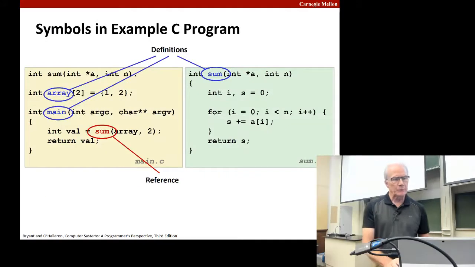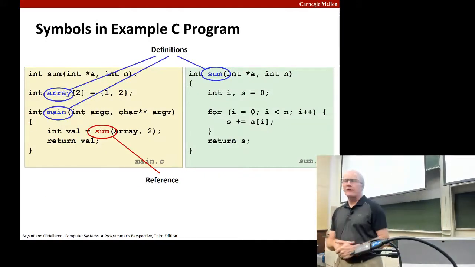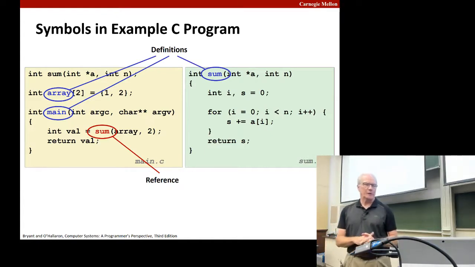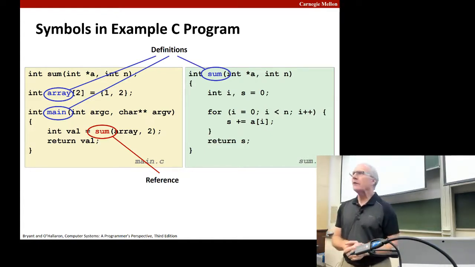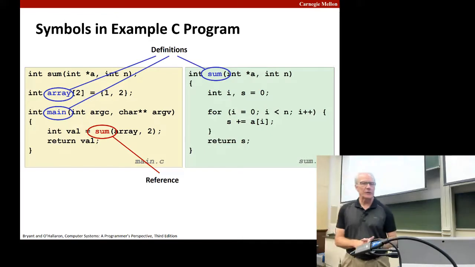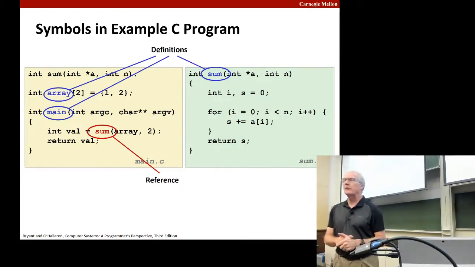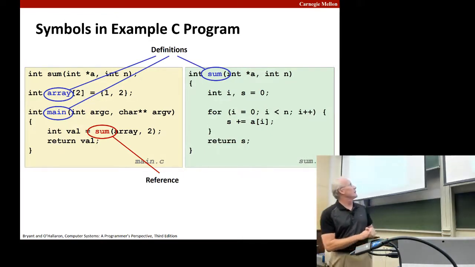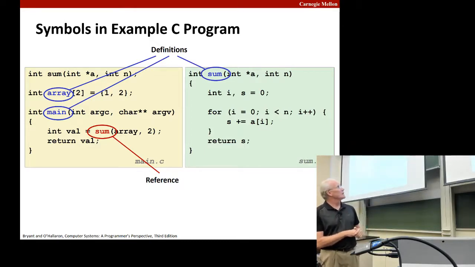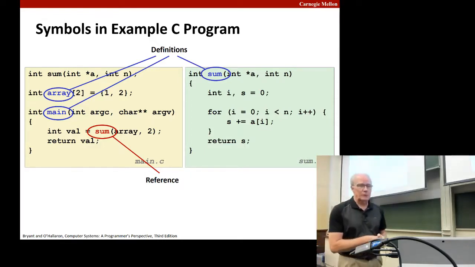So we can see this with our real simple example, which is actually a pretty good starting point. As I mentioned, there's actually in this code, there's 3 different symbols. There's within main, this global variable called array, and then there's the main function, and then in the file sum.c, there's a function called sum. And so those are the 3 symbols in this program.